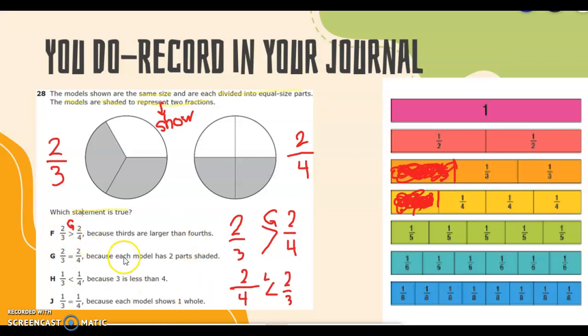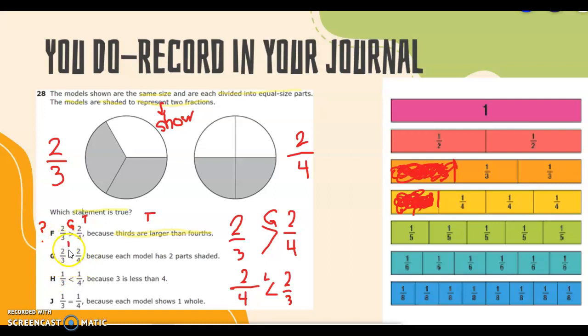This may be my answer, but of course, I need to make sure that I check all of the problems to make sure that no one is trying to trick me, and make sure that I'm understanding and reading each answer choice correctly. So I will put a question mark by F. G says 2/3 is equal to 2/4.